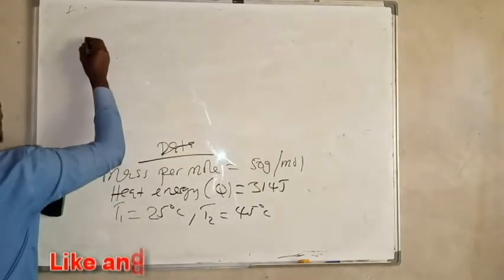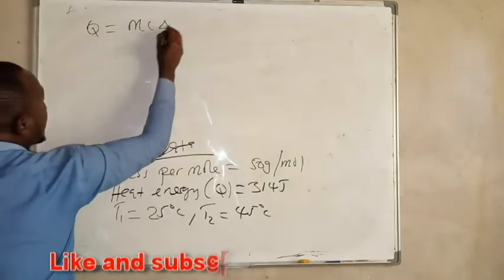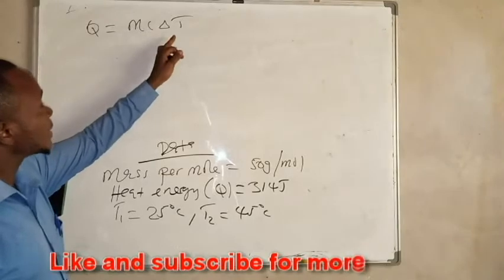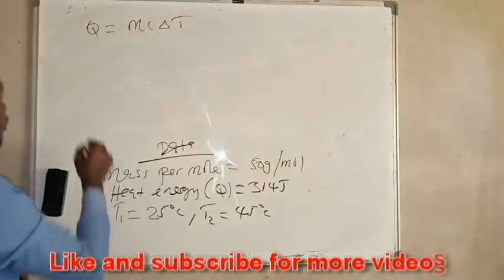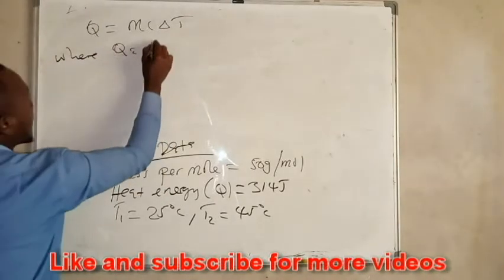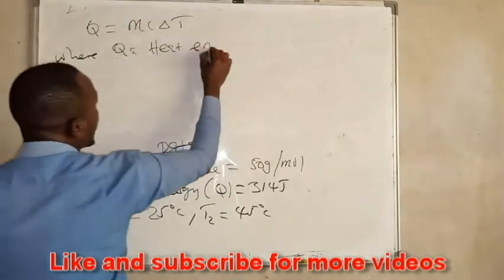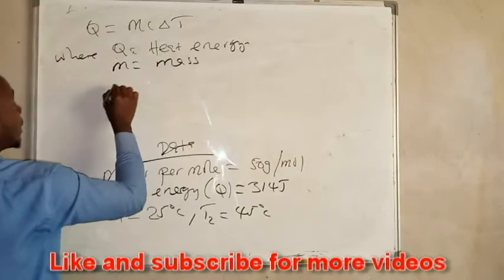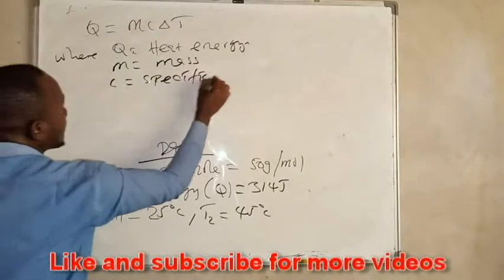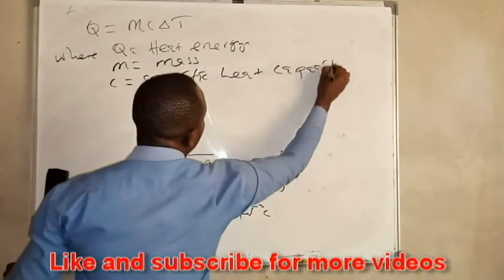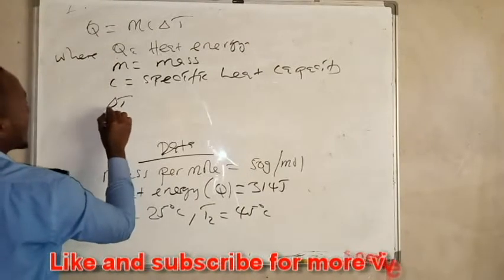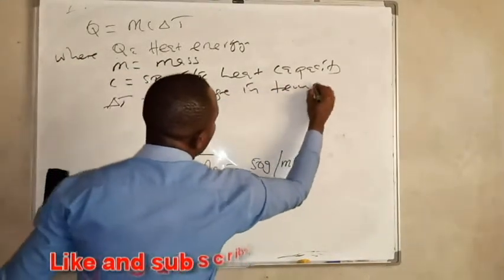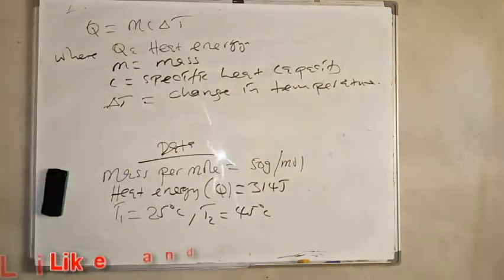We know that heat energy is given by Q equals m c delta T, where Q is the heat energy, m is the mass, c is the specific heat capacity, and delta T is the change in temperature.